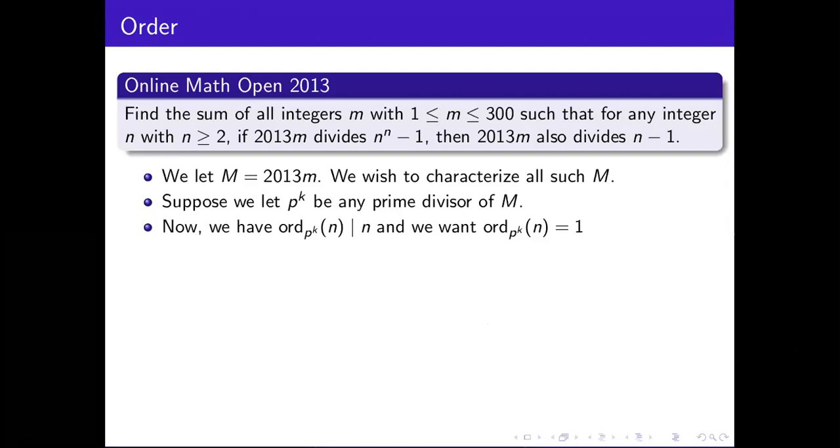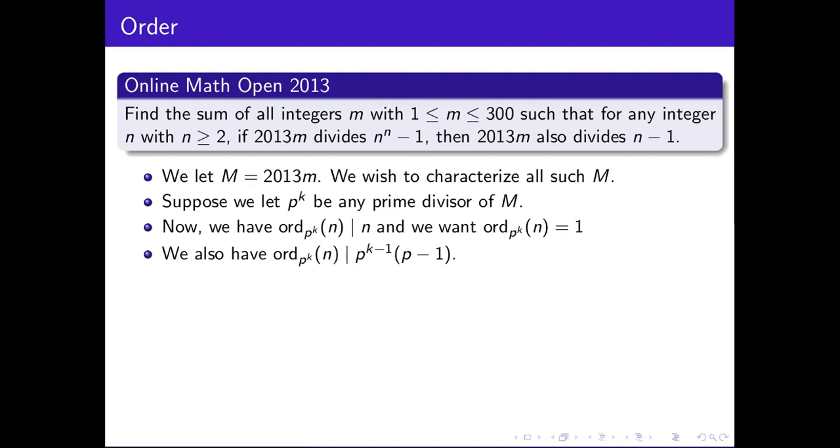So what do we already have? Well, we want to determine some property of the order. But we know that one of the properties of the order is that it divides the phi function, which is just the phi function evaluated at p to the k.